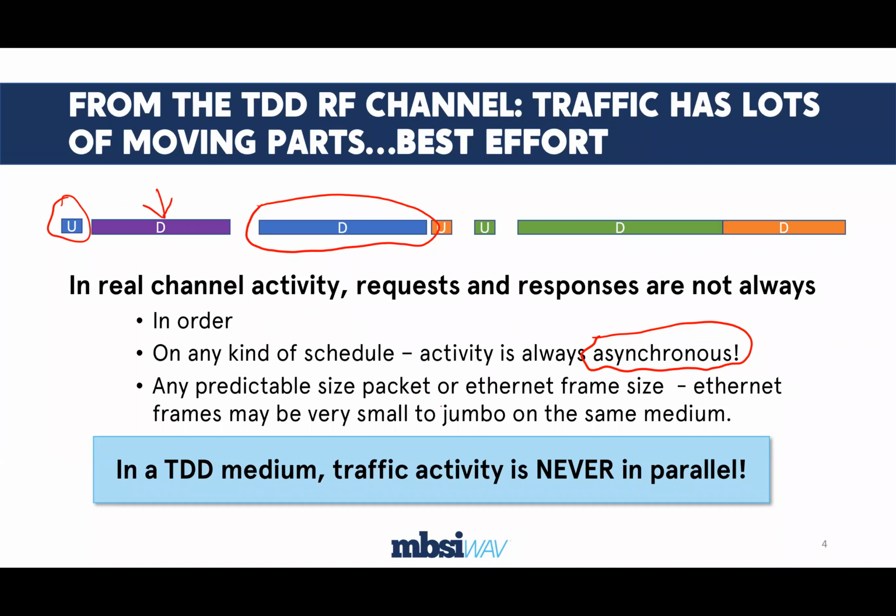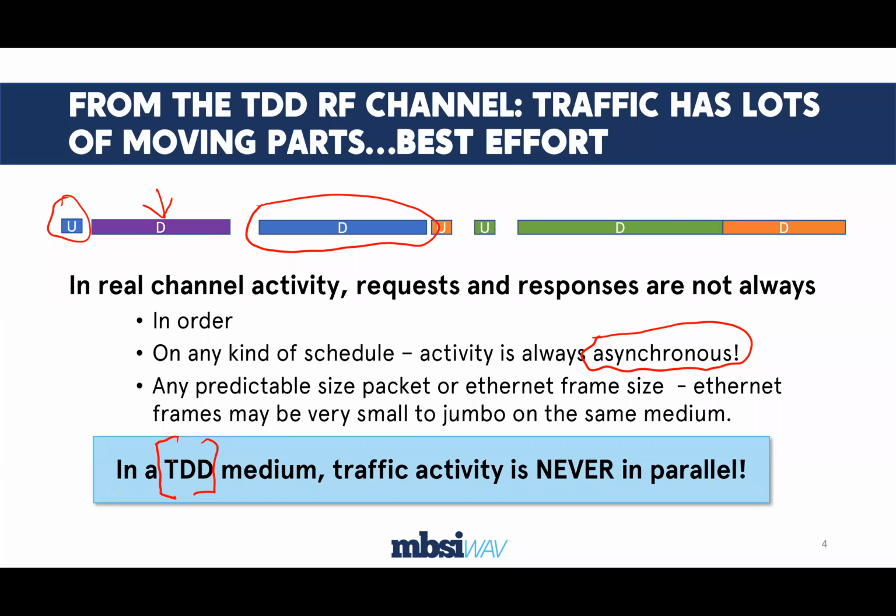And the one thing that we can be certain of in our world, anyways, in the broadband wireless world, is that it's a time division duplex medium by and large, meaning that there's a time for transmit, there's a time for receive, there's a time for uplink, and there's a time for downlink, and all of these never happen at the same time.